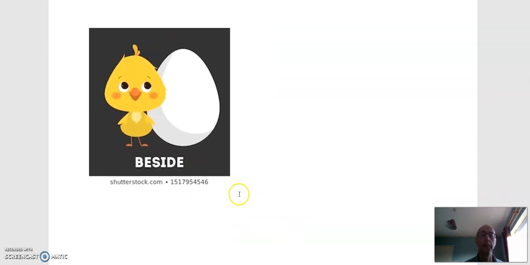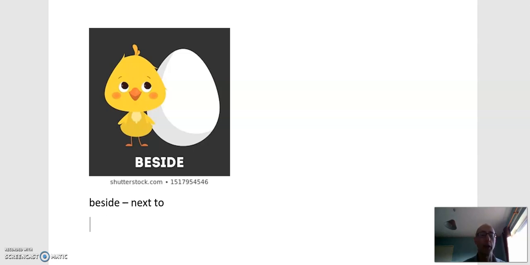And this one is beside. Now, one thing we have to talk about here is that we have another word that means the same as beside. Next to. Beside or next to. So this little animal we see in the picture is a chick. The baby chicken is a chick.